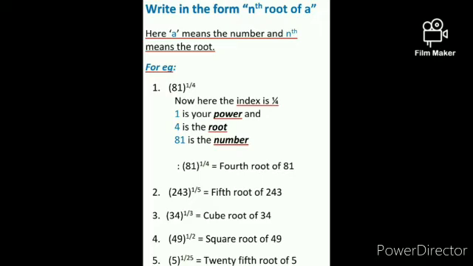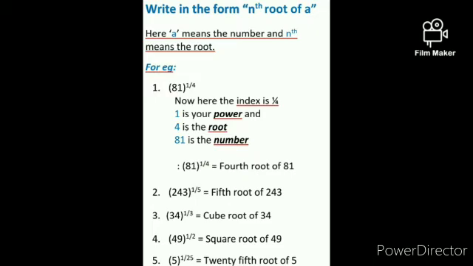Then 5 raised to 1 upon 25. It is not read as 25 root. It has to be read as 25th root. 25th root of 5. Okay?